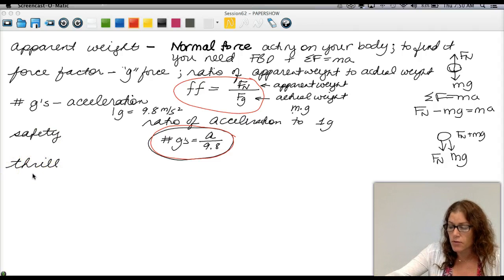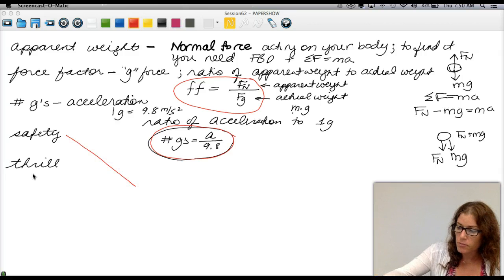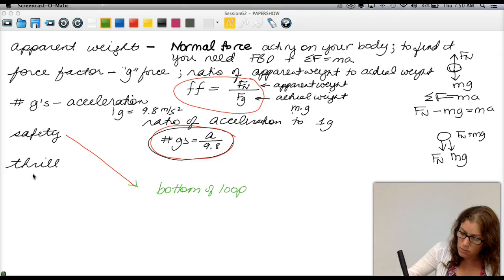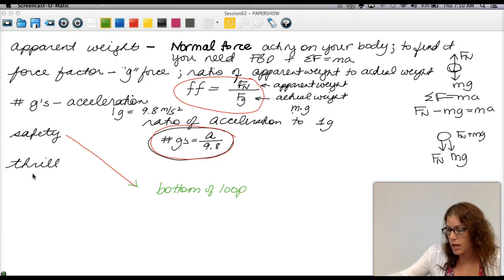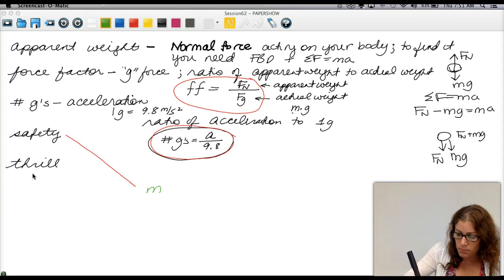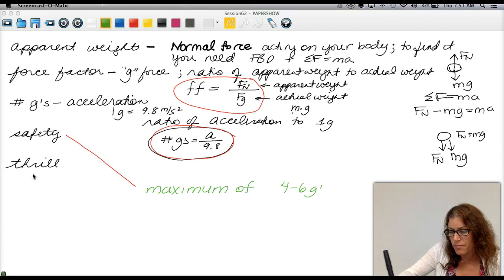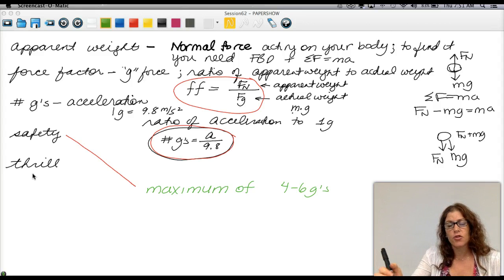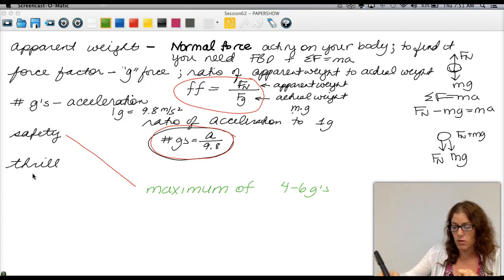So in terms of safety, a safe ride, at the bottom of a loop, well, actually any time, you have a maximum of 4 to 6 g's, okay, maximum. For short periods of time, most people can withstand 6 g's, but for extended amounts of time, 4 g's is really enough. Otherwise, you black out. Right? Most people can't withstand more than somewhere in that range.